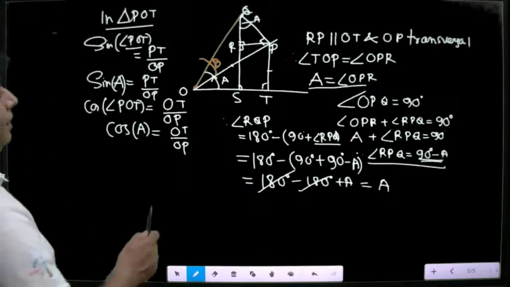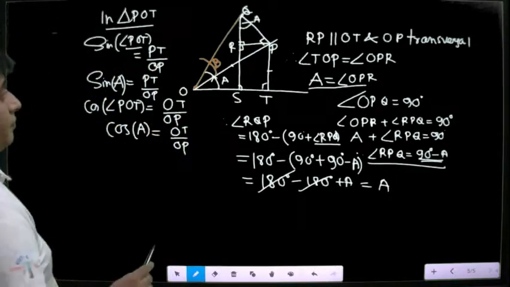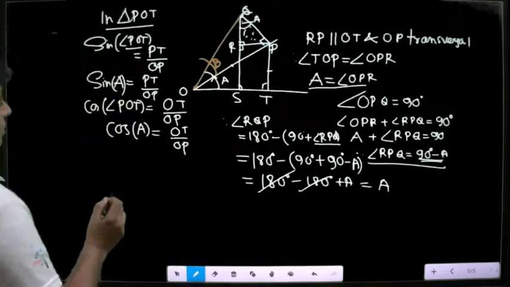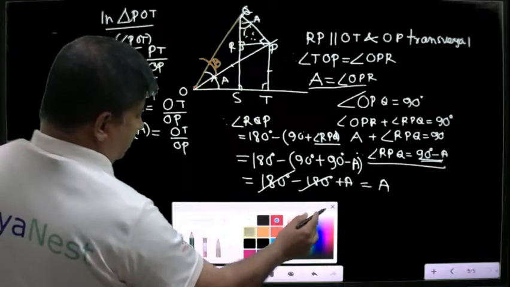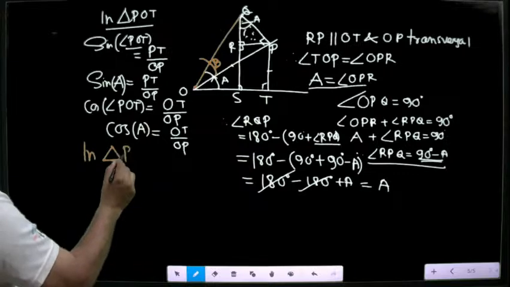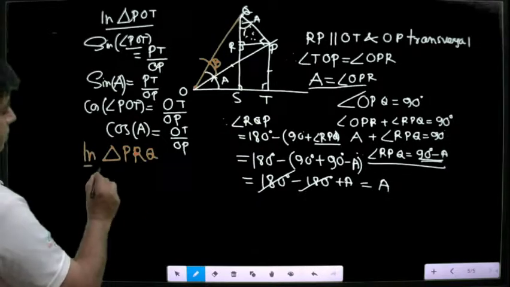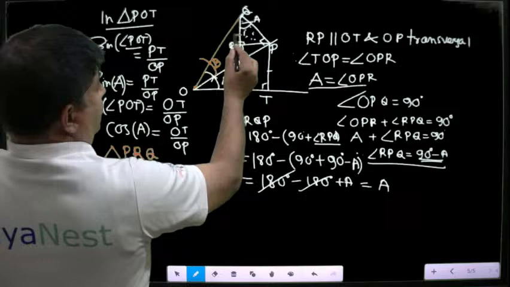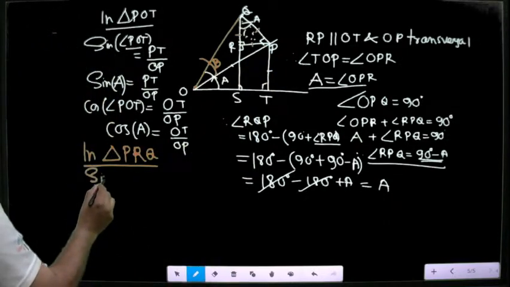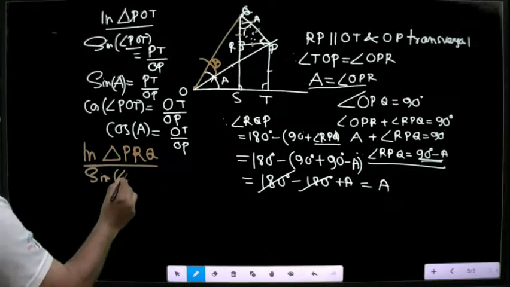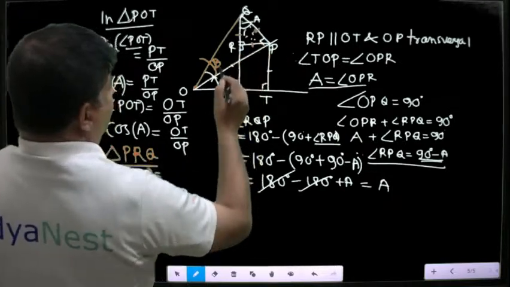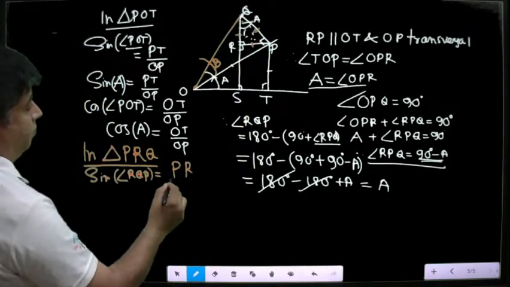Now, another right angle triangle. Now you consider this right angle triangle PRQ, with base, hypotenuse, perpendicular. Sine of RQP is perpendicular by hypotenuse, PR by PQ.